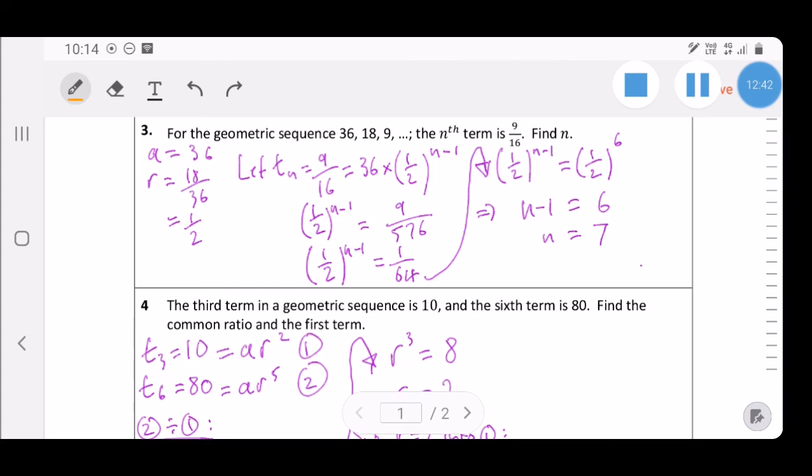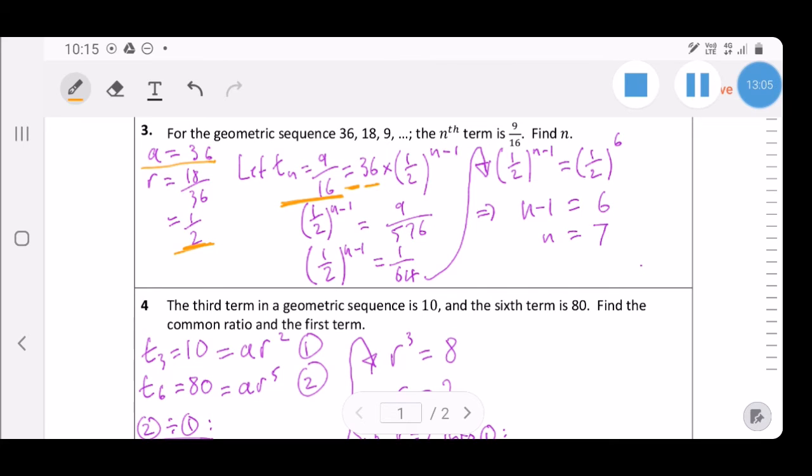All right, well, what do we have? We have A, which is 36. We have R, which is 18 divided by 36, or 9 divided by 18, which gives us a half. And we have Tn equals 9 on 16, which in turn equals AR to the n minus 1.